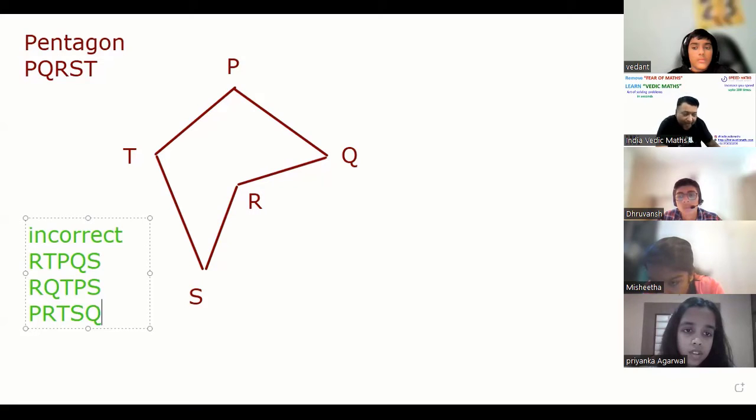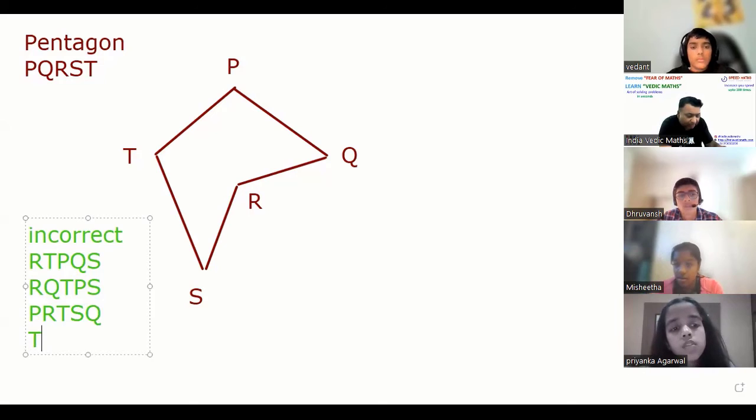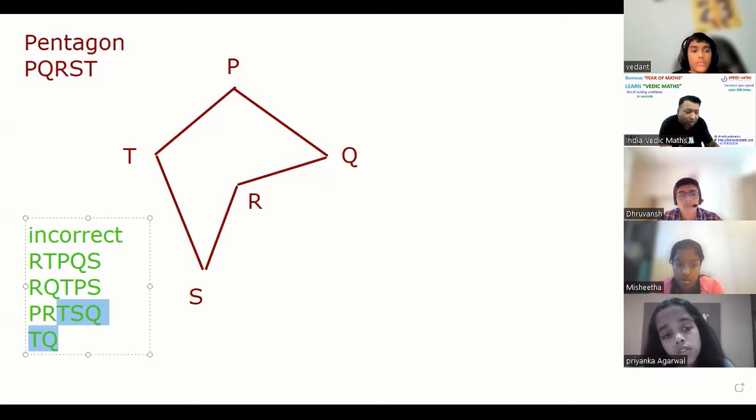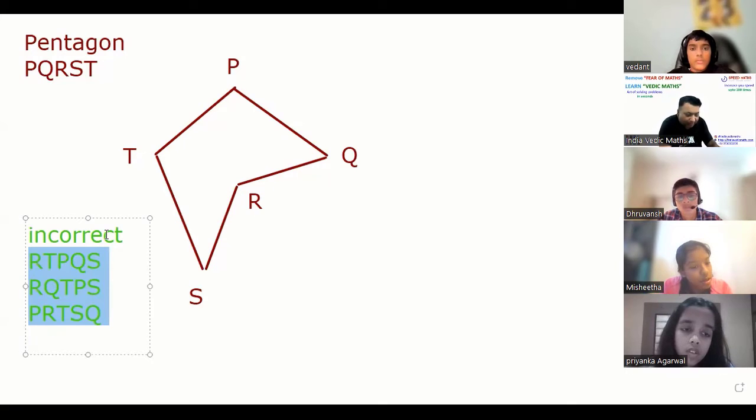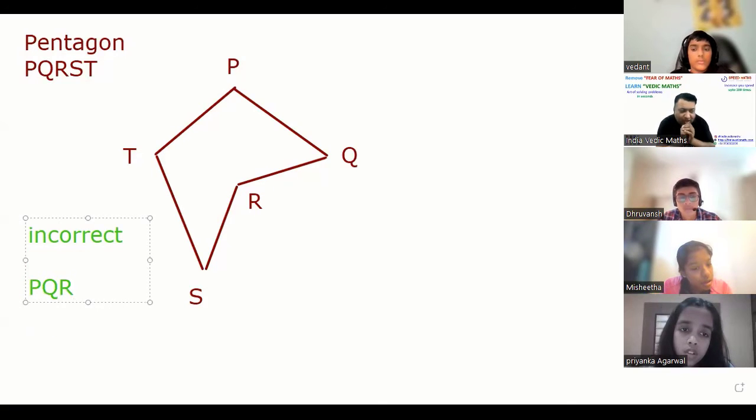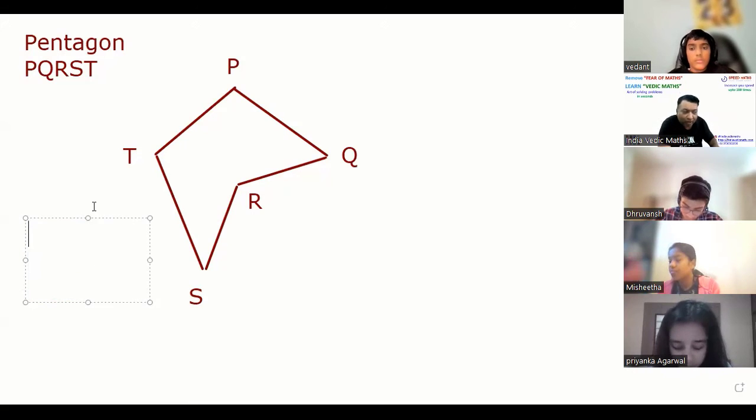See, guys, and also, if I write this as PQR, is it correct or wrong? Sir, wrong. Why wrong? Sir, all letters are not there. It's incomplete. You are right. We cannot do that. Cool. So this is how we name polygons.